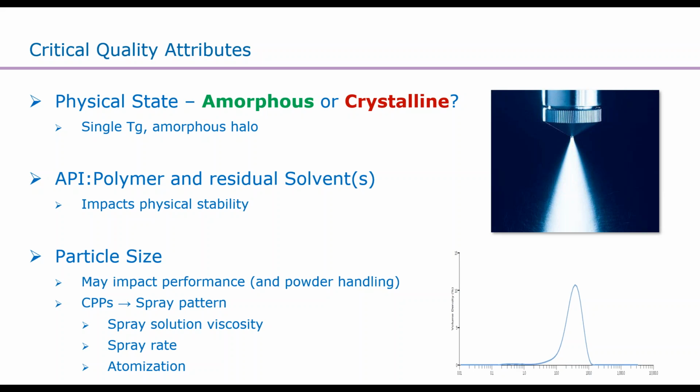These can have an impact on the physical stability of your dispersion and thus are CQAs. Another example might be the particle size of the SDD, which may have an impact on the dissolution, performance, and downstream powder handling. Each of these CQAs will have CPPs associated with them, and in this last case, you'll be looking at things like the spray solution viscosity, the spray rate, and the atomization parameters to ensure that they are within an appropriate range to maintain your target particle size.